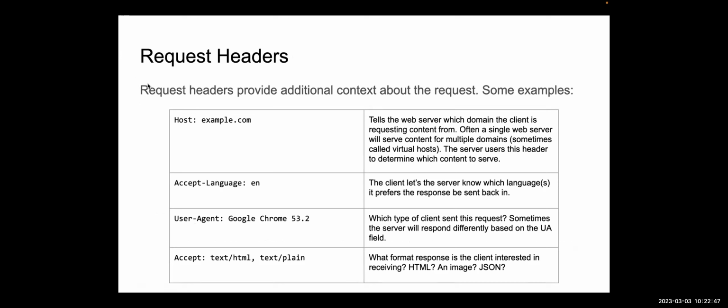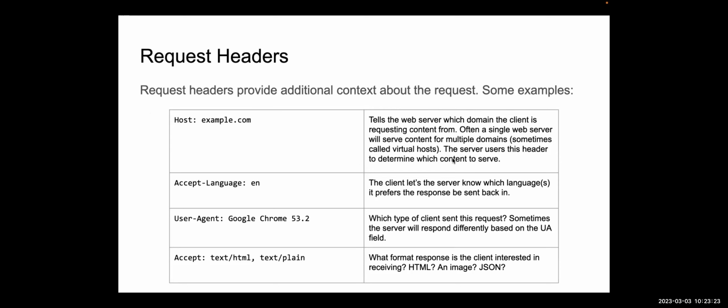Okay, so the request headers we touched on a little bit. Here are some examples. They just provide additional context about the request. Like I said, the host tells the web server which domain the client is requesting the content from. Often a single web server will serve content from multiple domains, and the server uses this header to determine which content to serve.